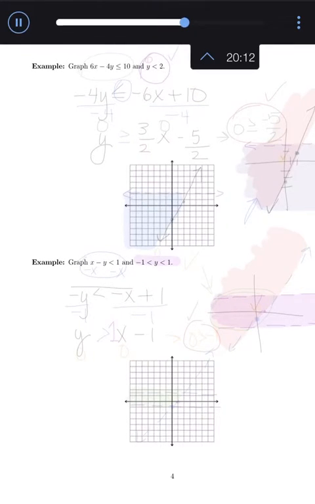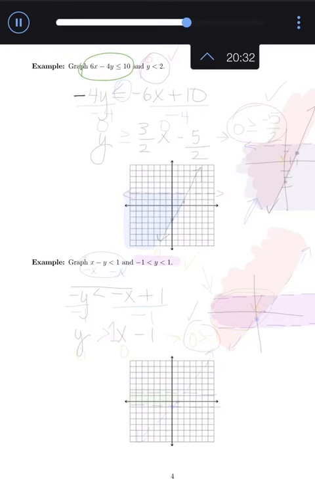For the next problem, let's start by graphing the line 6x minus 4y is less than or equal to 10. So again, what we can do is put this in slope-intercept form by first subtracting the 6x from both sides.